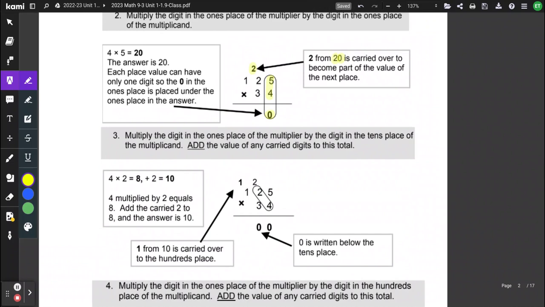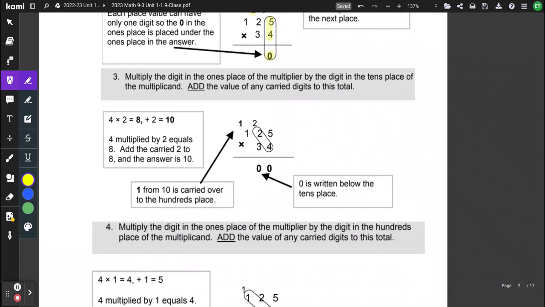So then we're going to see on the next one, step 3. Now they're multiplying those 2 numbers. They're going to multiply first, and then they're going to add. So they're multiplying and then adding the 2. So they get 8 plus 2 is 10.